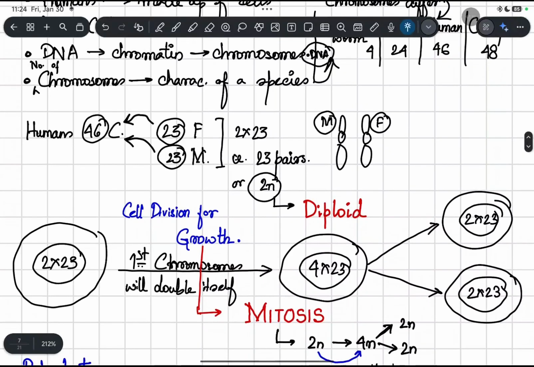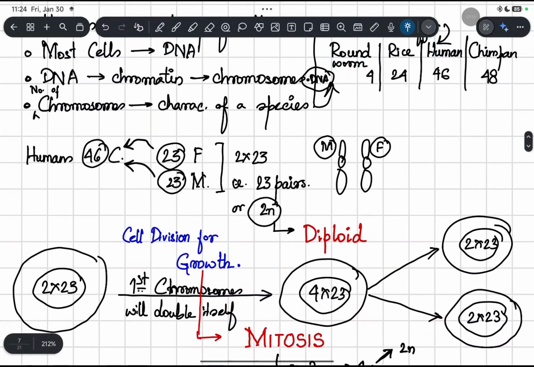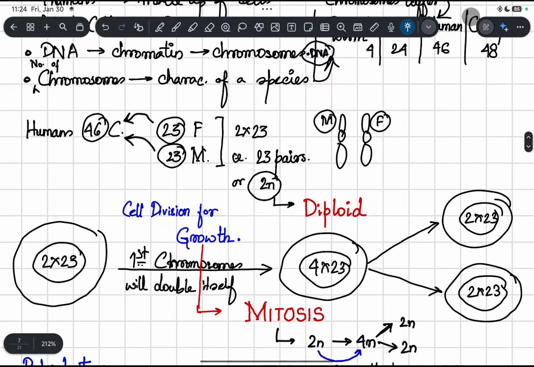As we have read, a human cell has 46 chromosomes in it. So each cell is made up of 46 chromosomes, 23 from the female and 23 from the male, right?